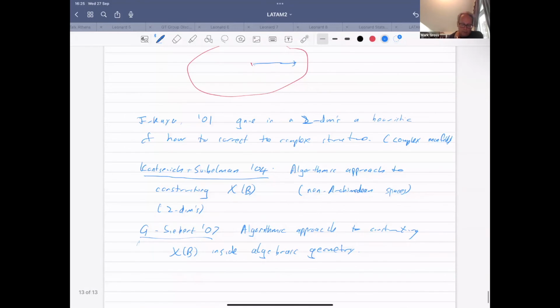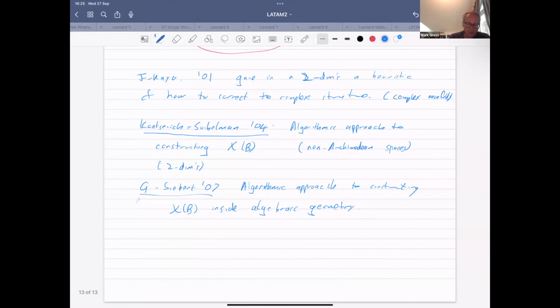However, we now have a more sophisticated way of thinking about this, and this is work in 2021, I think it was the second year of the pandemic.